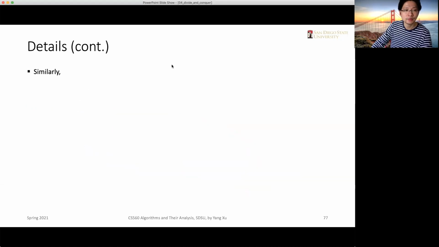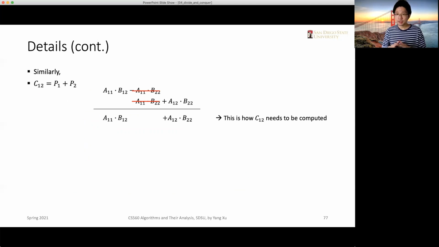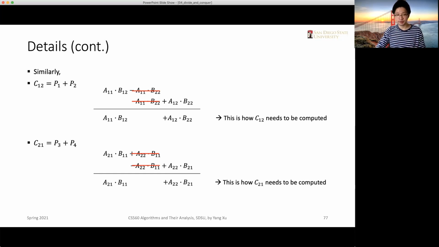And we can go to C12, which is also a combination of the intermediate P's. If we place the P's together, the middle two terms eliminate, and we have A11 times B12 plus A12 times B22. That is also exactly how C12 needs to be computed, right? And C21: also, we have some elimination, giving a valid equation for computing C21.